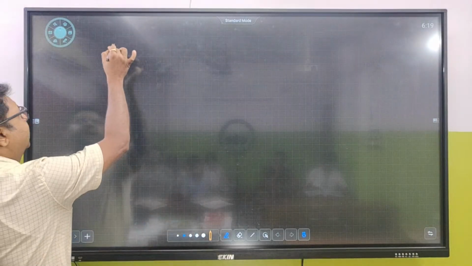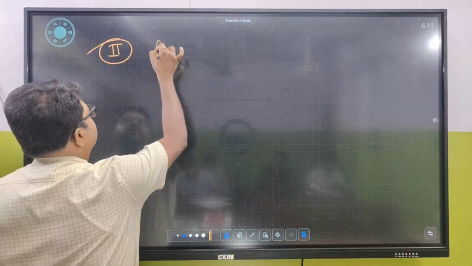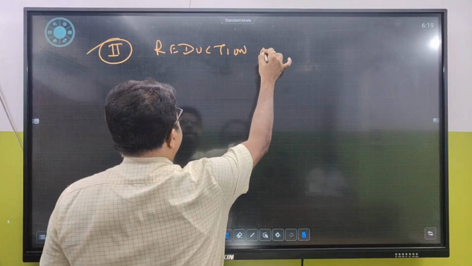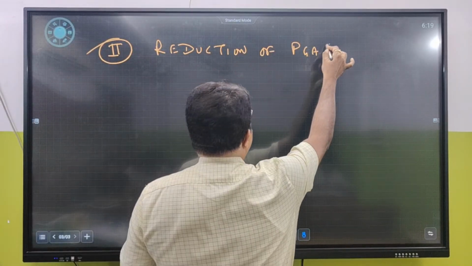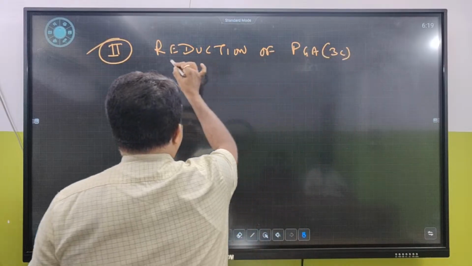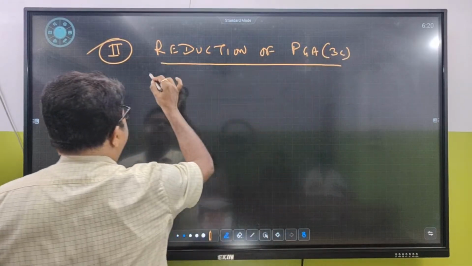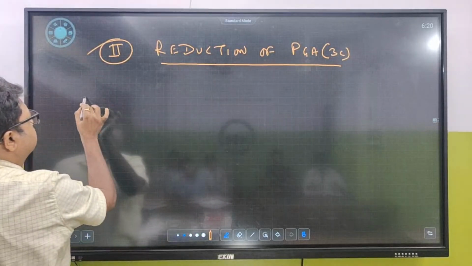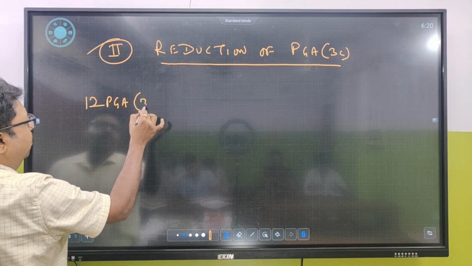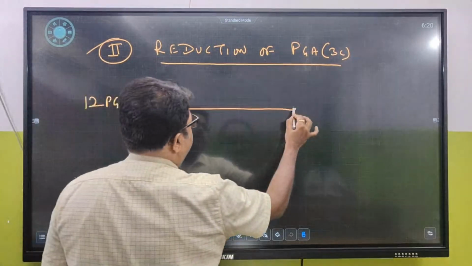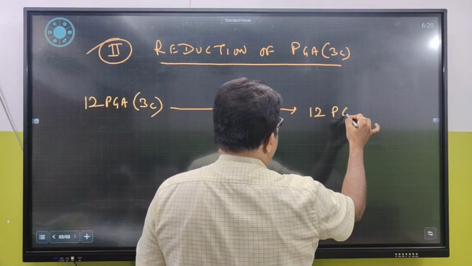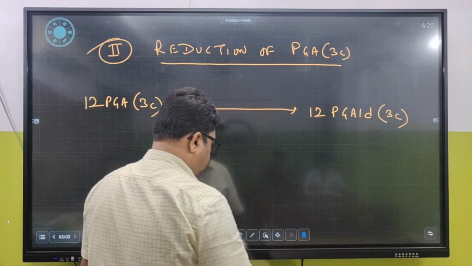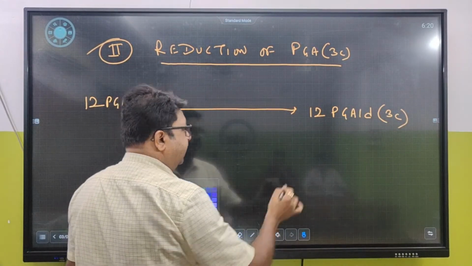The second step of the dark reaction is the reduction of PGA, phosphoglyceric acid, which is a 3-carbon compound. So 12 molecules of PGA, a 3-carbon compound, change into 12 molecules of PGALD, also a 3-carbon compound. What is the meaning of PGALD?